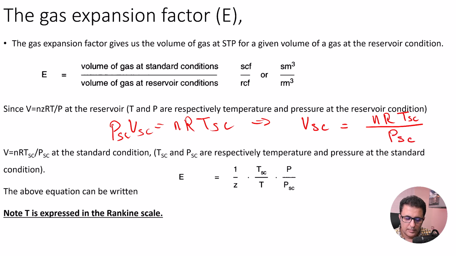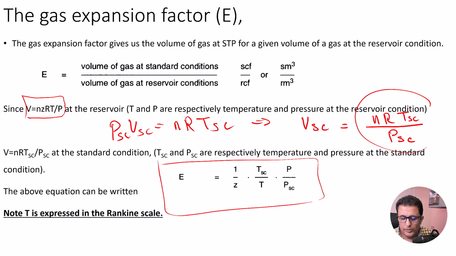P_SC. So for the reservoir condition, I should be able to write this equation, yes? Yeah. So at the reservoir condition, the volume of the gas is calculated by this equation. So if I just put this value and this value in the equation, you may notice that we can easily calculate the expansion factor with respect to the Z factor, also the temperature and pressure of the reservoir.